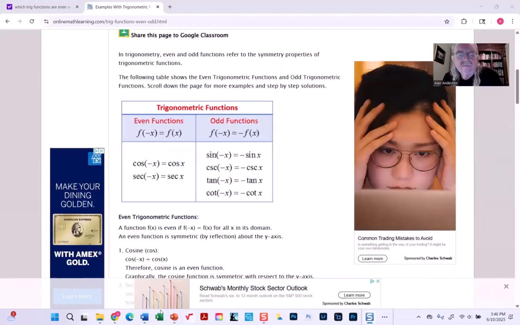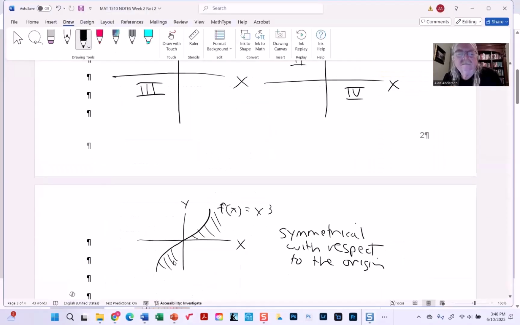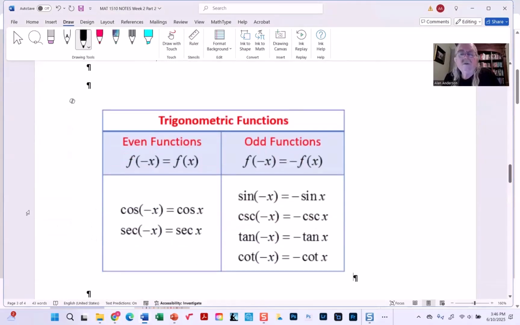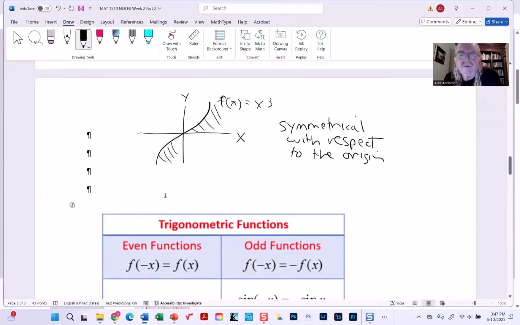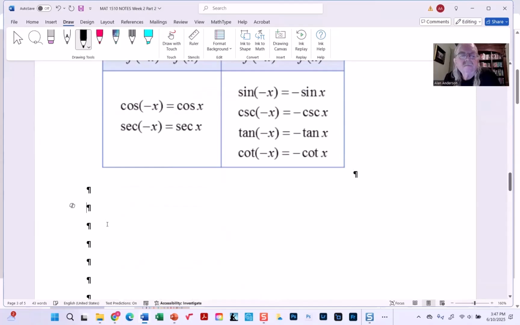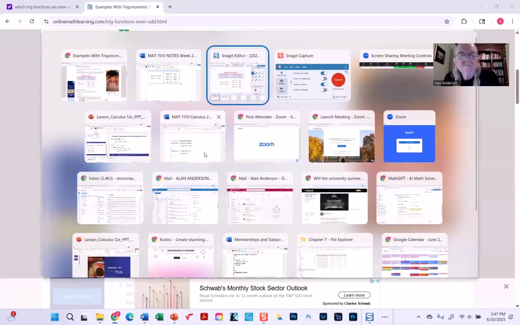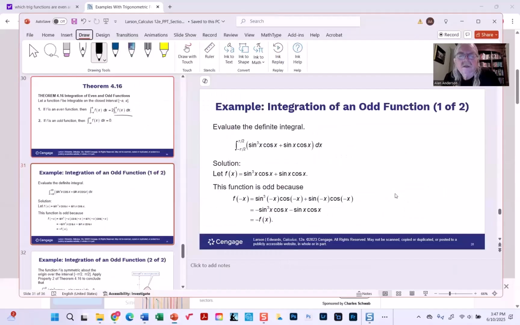All right, here we go. So yes, of the 6 basic trig functions, four of them are odd. And the reason is right here. This is what we were just discussing. And the even ones are over here on the left. So here they're giving us an example, and this is a tricky one.